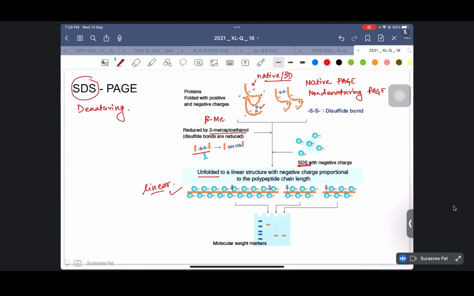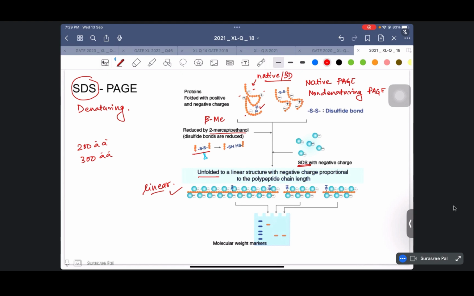The protein becomes linear, and SDS also imparts negative charge which is proportional to the polypeptide chain length. Which means that the protein which has a longer chain length, I mean the larger protein, suppose there are two proteins, one has 200 amino acids and another has 300 amino acids.